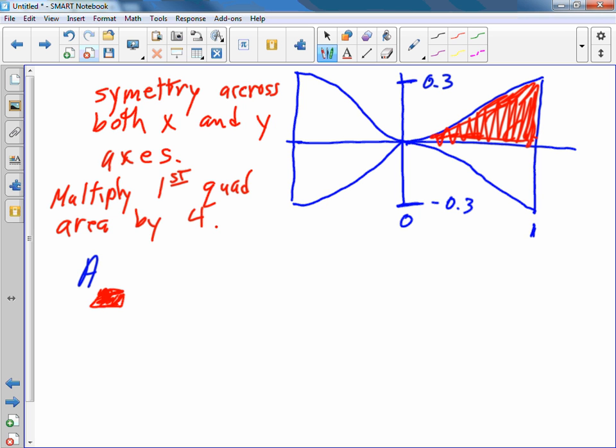The area of the red region then is equal to the integral from 0 to 1 of x cubed, and this was given, times the square root of 1 minus x squared.